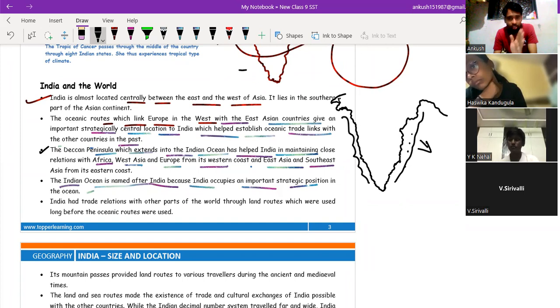These routes are always defined from where the ship will be traveling. Understood? And suppose such calamities unfortunately occur on the way, they are aware of it and they are ready for that.